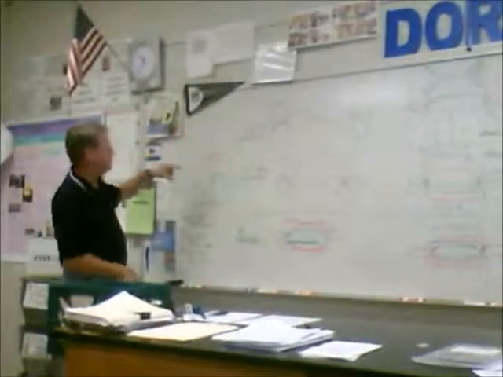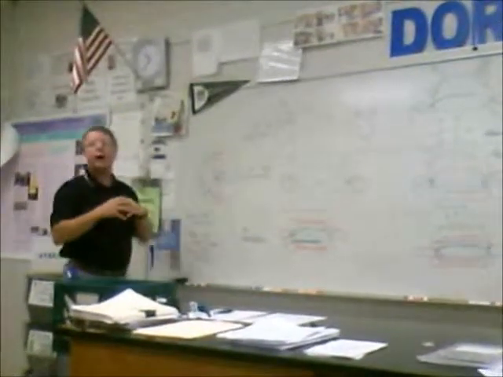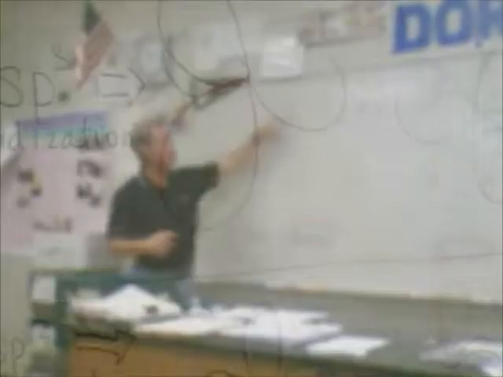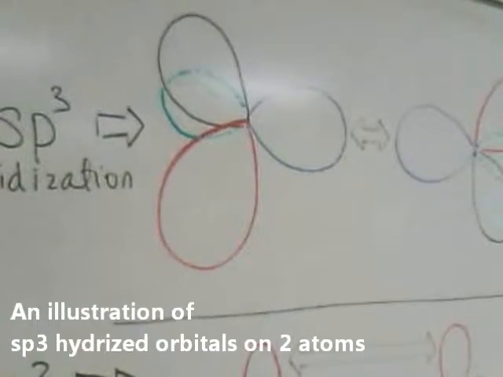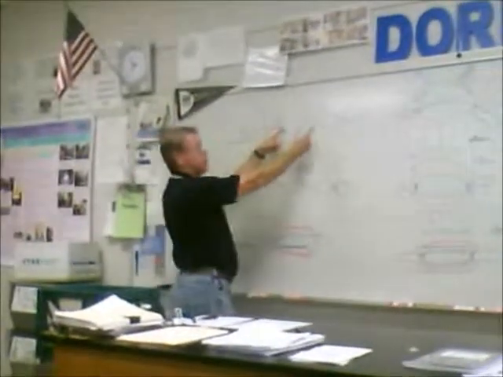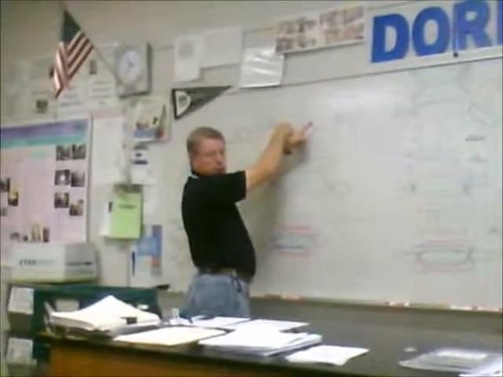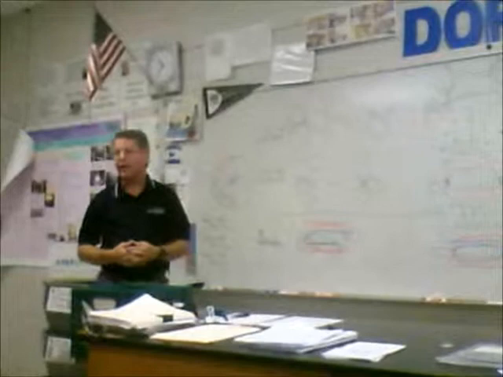So we talked about yesterday how all four of these valence level orbitals hybridize. They change their shape and energy into four hybrid orbitals. And those hybrid orbitals then can overlap, can become one combined orbital, and make a bond.